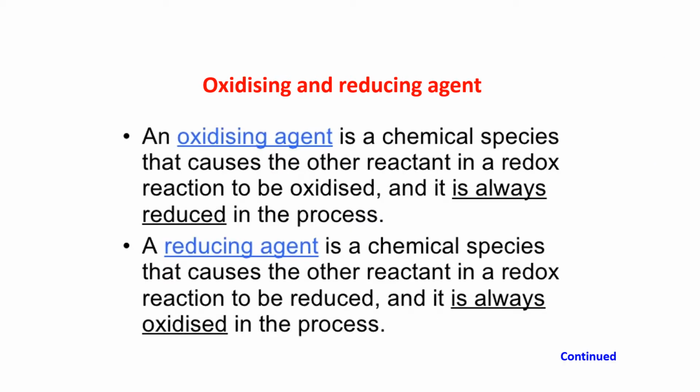Oxidizing and reducing agent. An oxidizing agent is a chemical species that causes the other reactant in a redox reaction to be oxidized. It helps the other species be oxidized, so it is always reduced in the process.